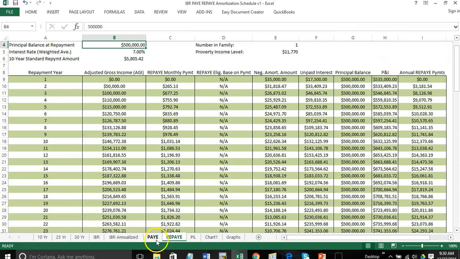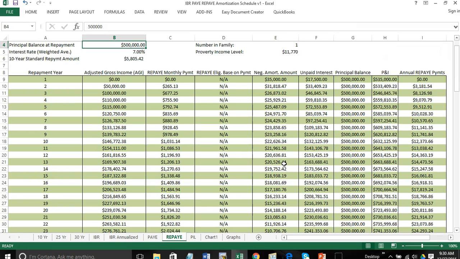One of the nice features of these income-driven repayment programs is that you can migrate from one to another, and back to the other. But keep in mind, anytime you move from one repayment program to another, say you're going from IDR to REPAYE, any unpaid interest gets capitalized at the point that you change income-driven repayment programs.